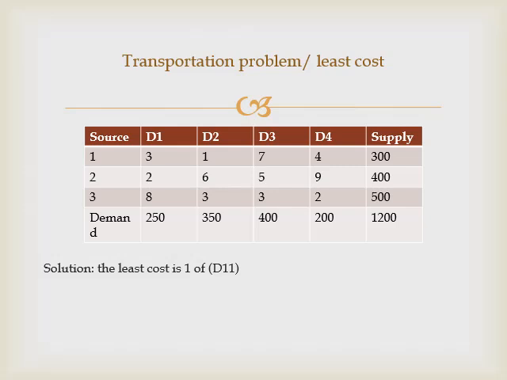Now we will go to the next slide to see practically how to apply the least cost method. Remember that the initial point to solve this problem is the least cost, which is shown in the matrix, equal to $1, the intersection point between D2 and source 1.